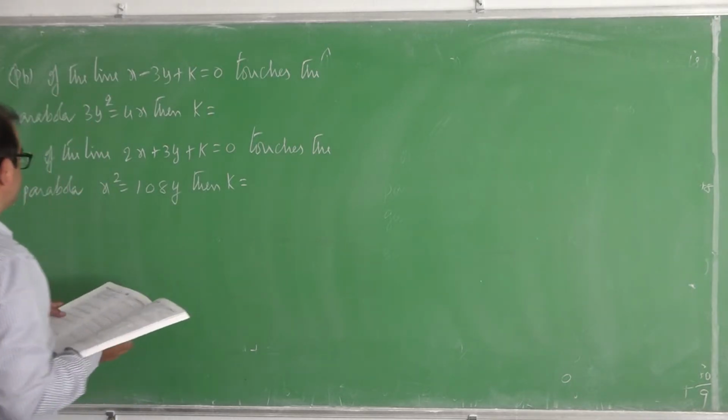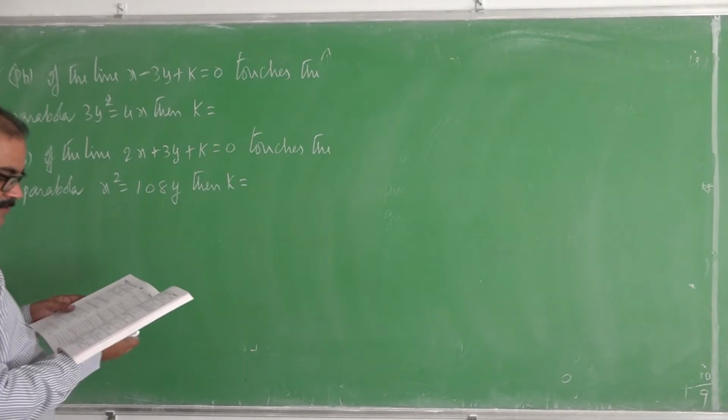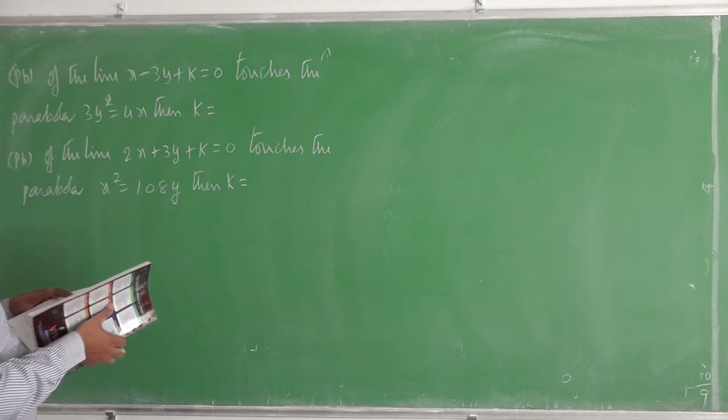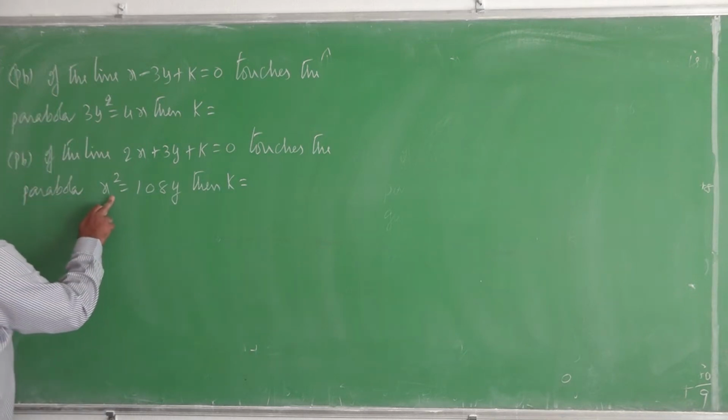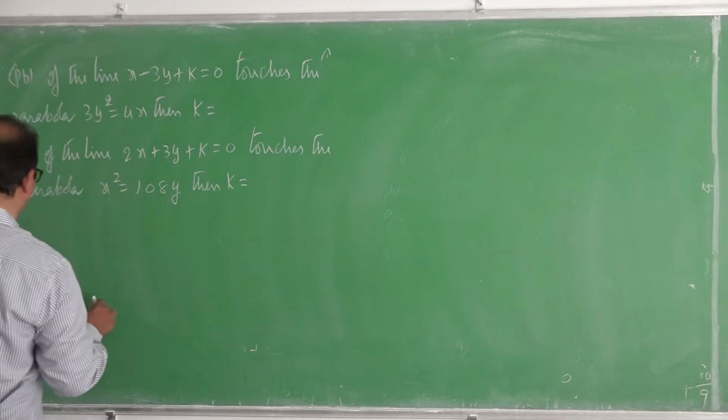Here the parabola equation is changed. It is in the form of x square is equal to 4ay.